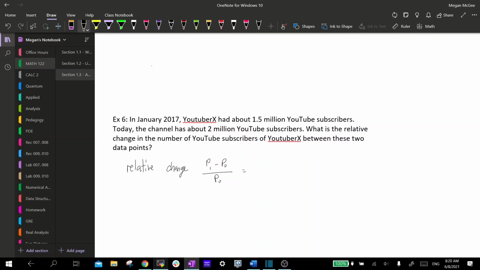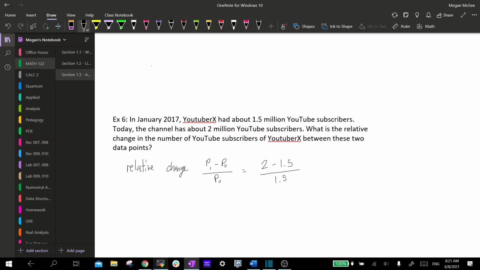So P1 is our new value, which is 2 million, minus our starting value in 2017, which was 1.5 million, and then we divide this by 1.5 million.